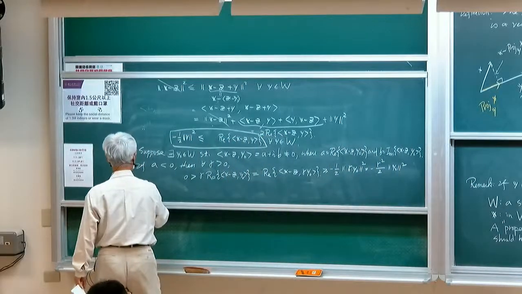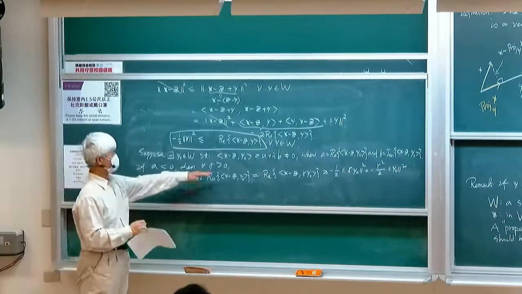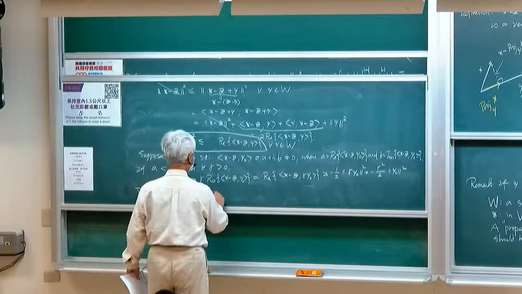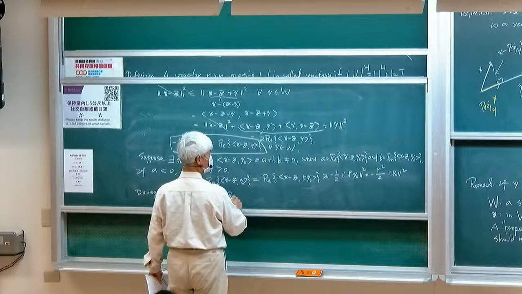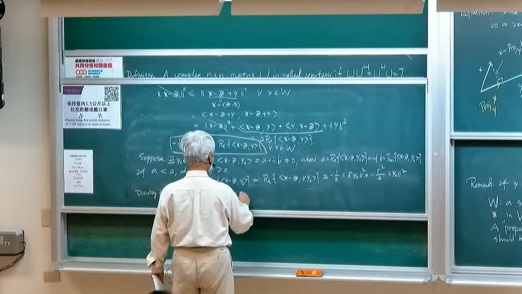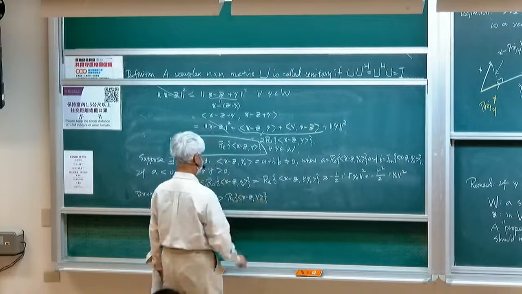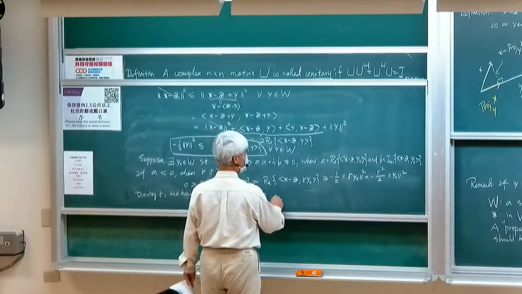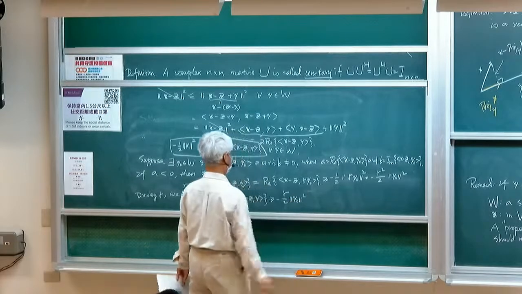Now dividing by gamma, because gamma is positive, so we can divide. We have that 0 is greater than the real part of this here, and greater than or equal to minus gamma squared.